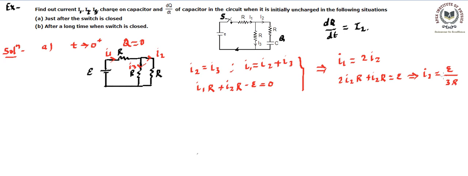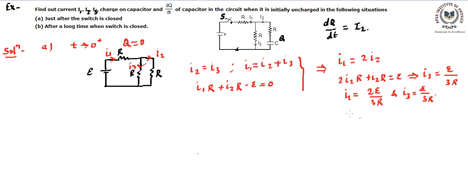So I2 will have a value E divided by 3R. Once we know I2, we can find I1. I1 is 2 times I2, that means 2E divided by 3R. And once we have I1 and I2, we can also find I3, because I3 is simply equal to I2, which comes out to be E upon 3R. So we can find all three answers. This is for I1, this is I2, and this is I3.